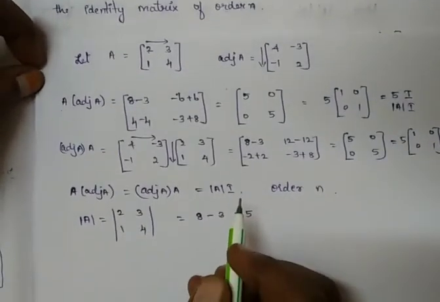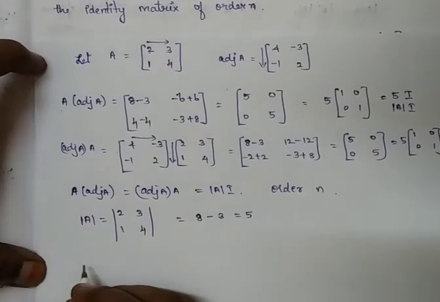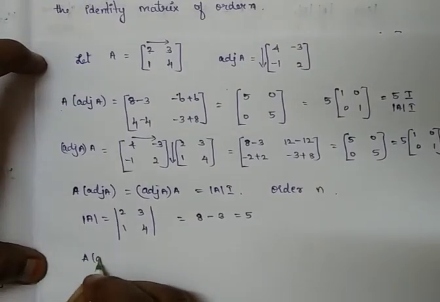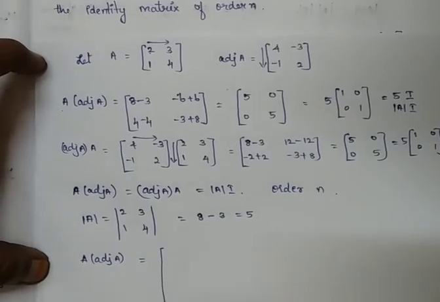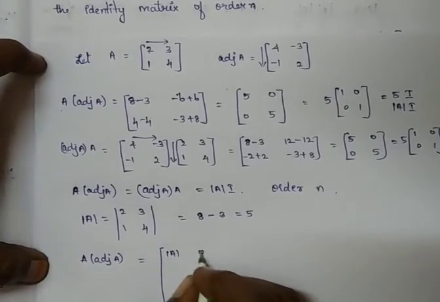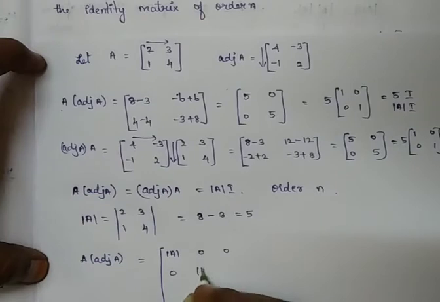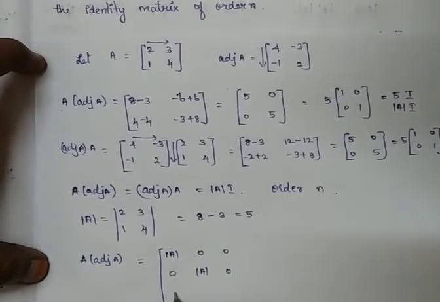In the same way, for a 3 cross 3 matrix, A into adjoint A will be determinant of A 0 0 0, determinant of A 0 0 0, determinant of A.